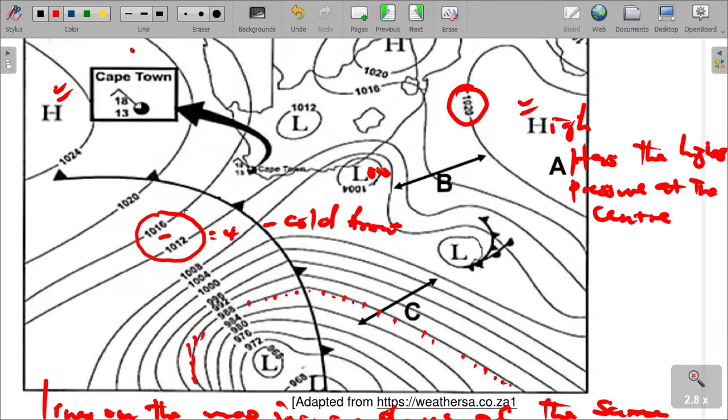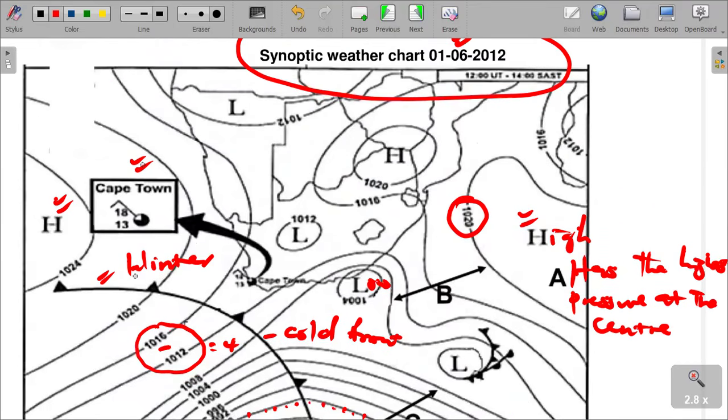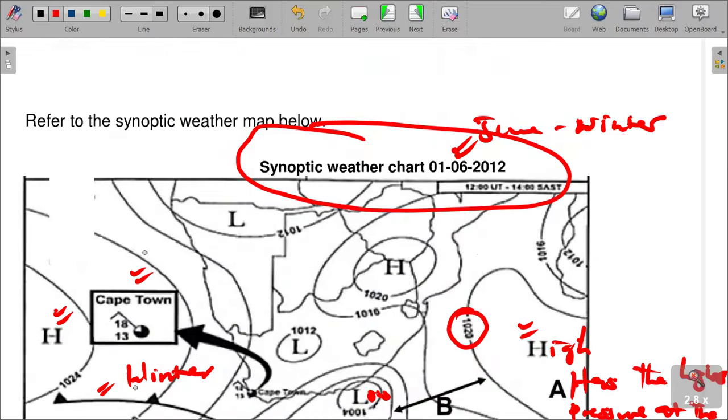Here we have Cape Town and our cold front, so the cold front identifies it as winter. We can also look at the positioning of the high pressure system. If the high pressure migrates northwards, that also tells us it's winter.